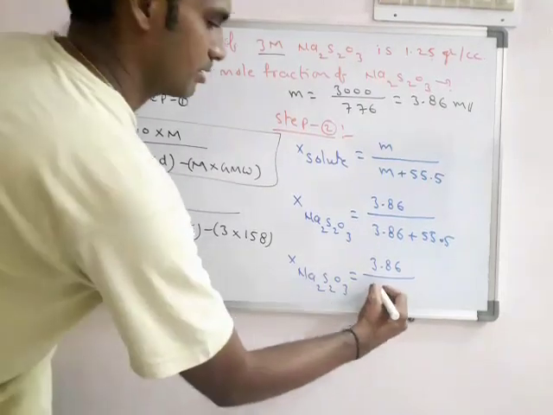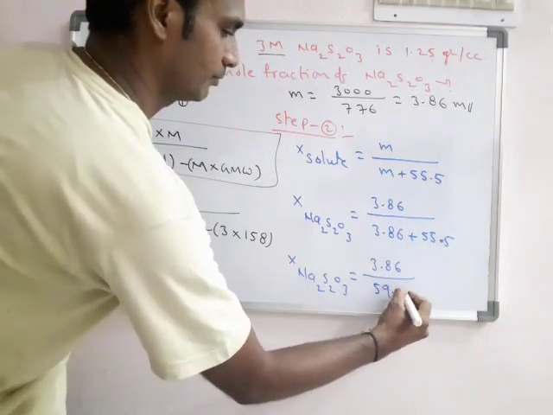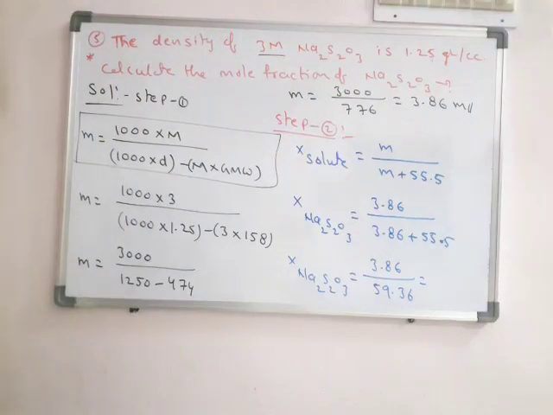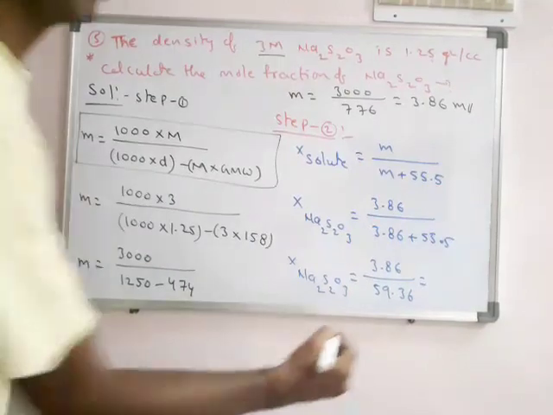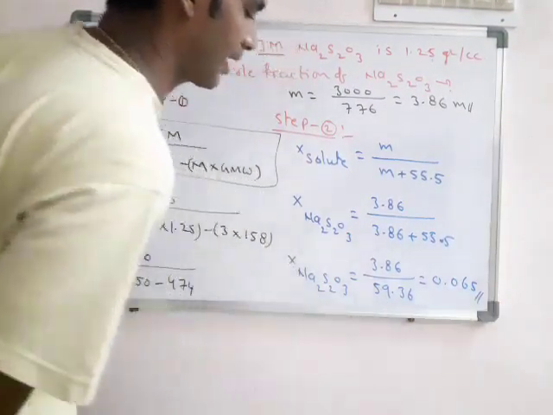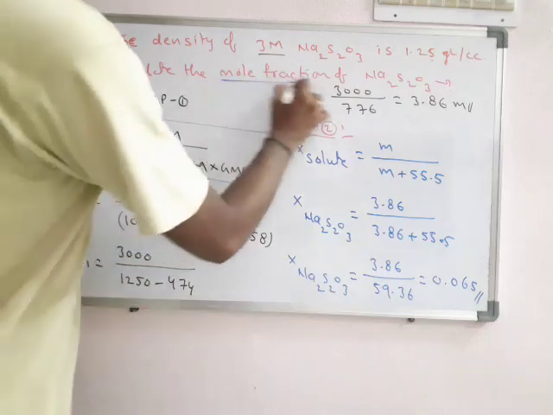Okay, 59.36. So finally we will get 0.065. So this is the mole fraction of sodium thiosulfate.